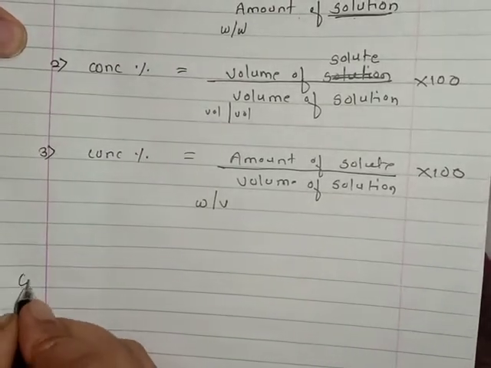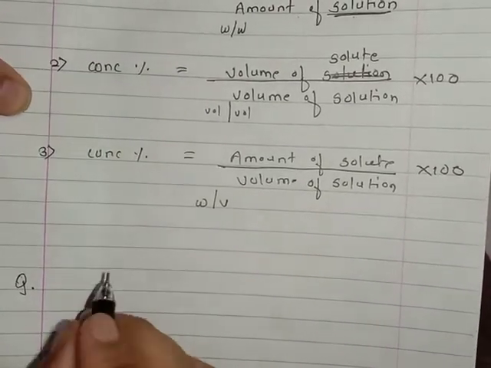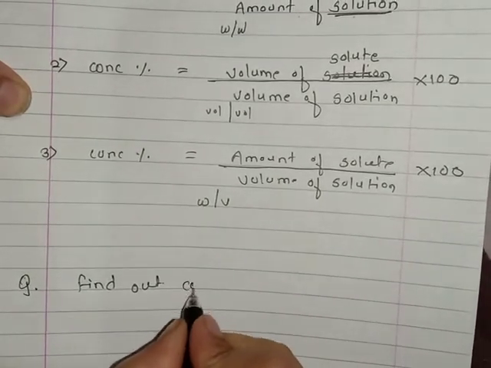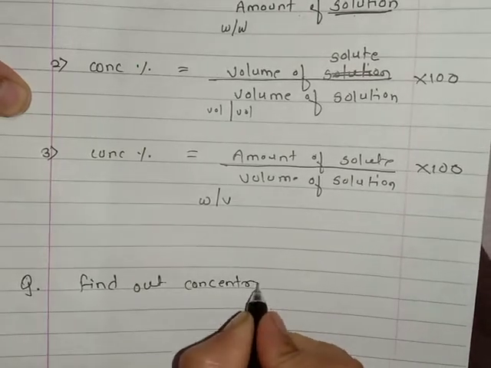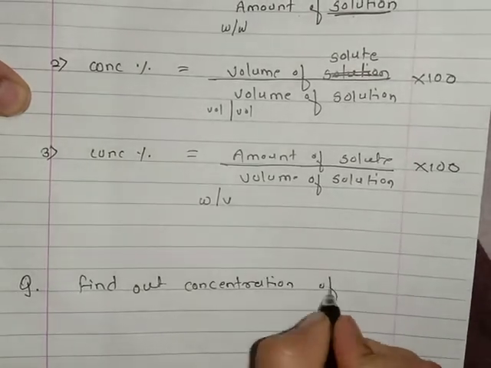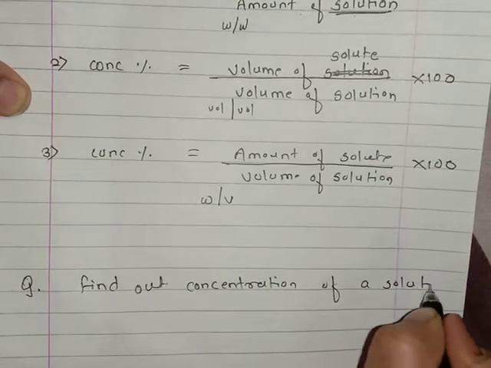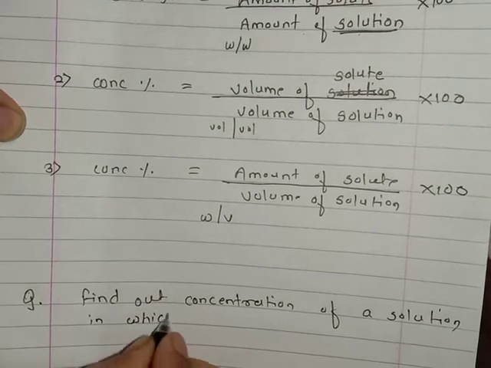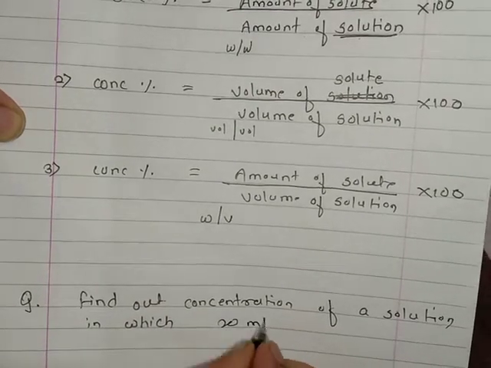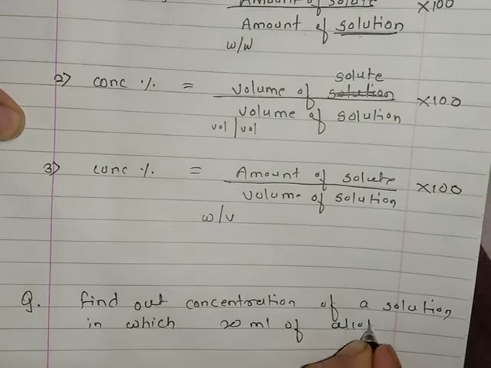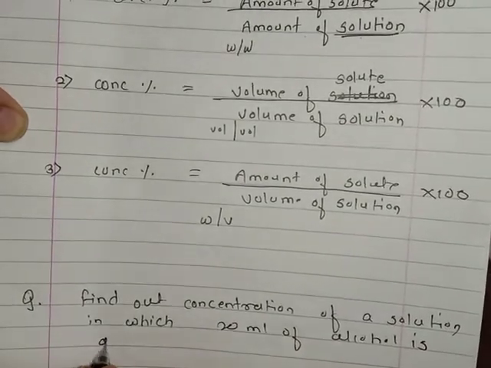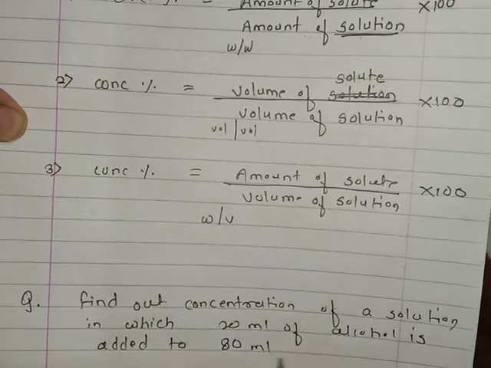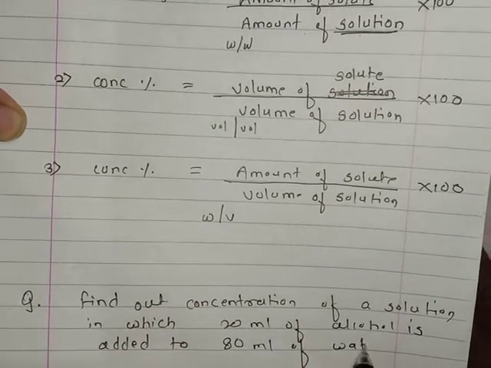Now here children, find out the concentration of a solution in which 20 ml of alcohol is added to 80 ml of water.